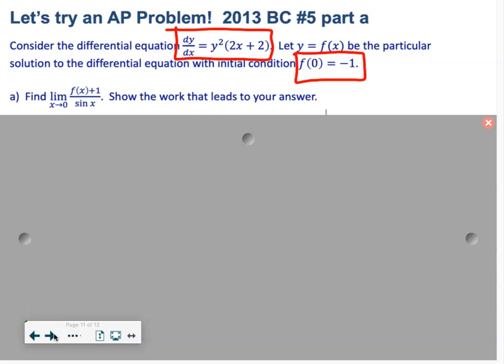So the limit is equal to the limit as x approaches 0 of y squared times (2x plus 2) over cosine. Wait. I don't know if it's cosine. Because the derivative of f of x plus 1 is equal to 0, as x approaches 0.